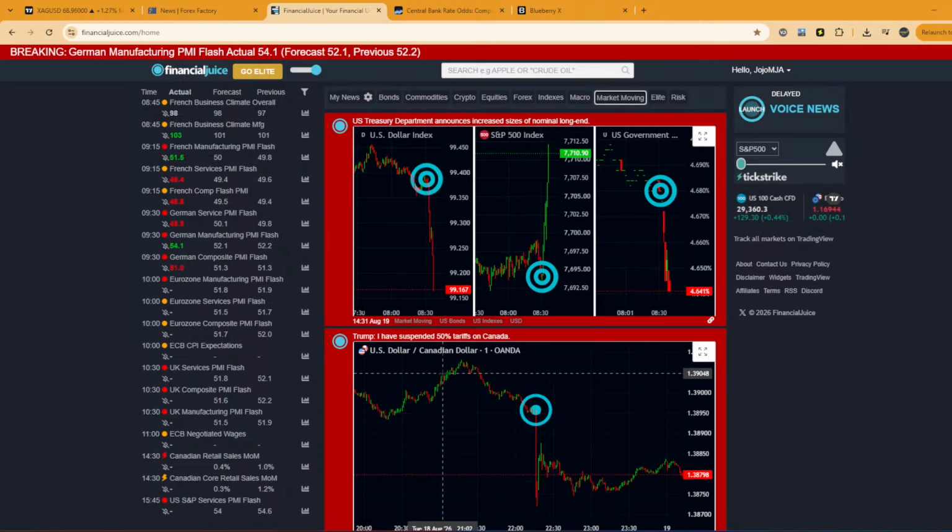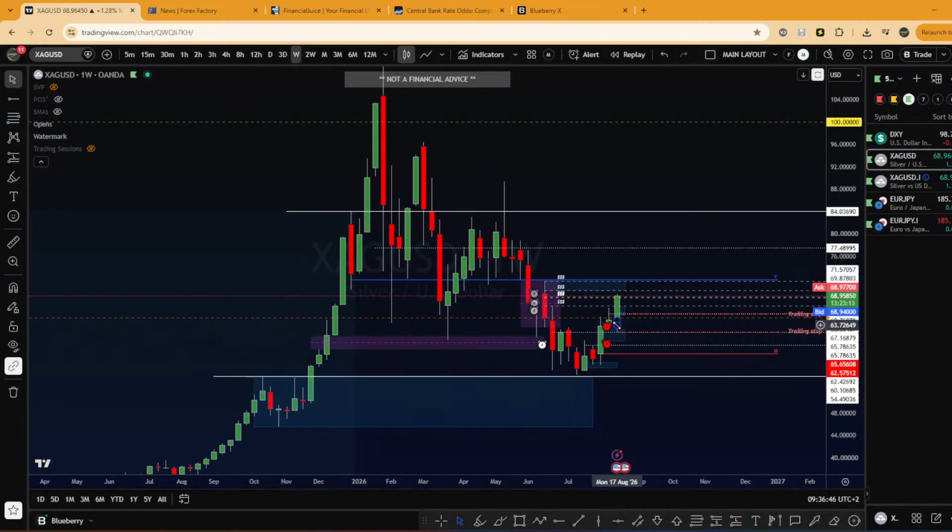That caused a lot of weakness on the dollar, which helped precious metals like gold and silver appreciate. And we also have this lowering of interest rates in mind, which helps precious metals go up.